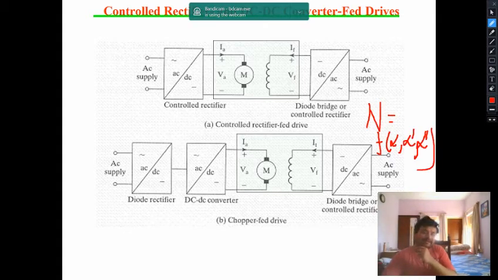You see that by increasing the number of stages, I am making this speed more and more controllable, more and more parameter dependent. What is the dependent parameter? These firing angles. So by introducing a set of firing angles, you are basically controlling the speed of your drive system.